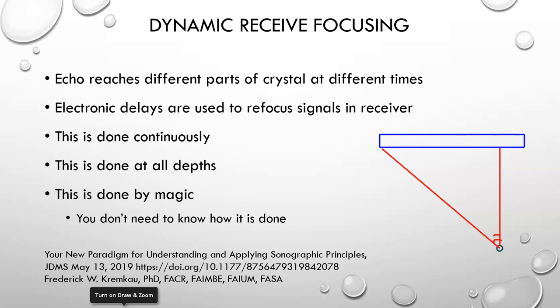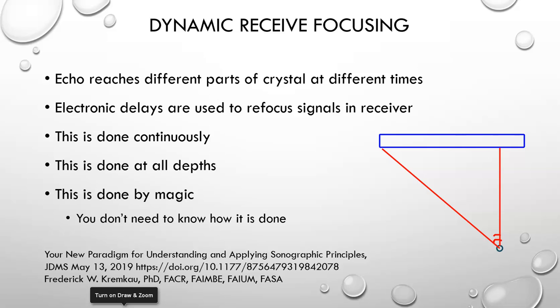And this is done continuously and it's done at all depths, and honestly it's done by magic if you really want to know how it's done. You don't have to know how it's done, just know that dynamic receive focusing occurs constantly at all depths, and it does not change the frame rate at all.